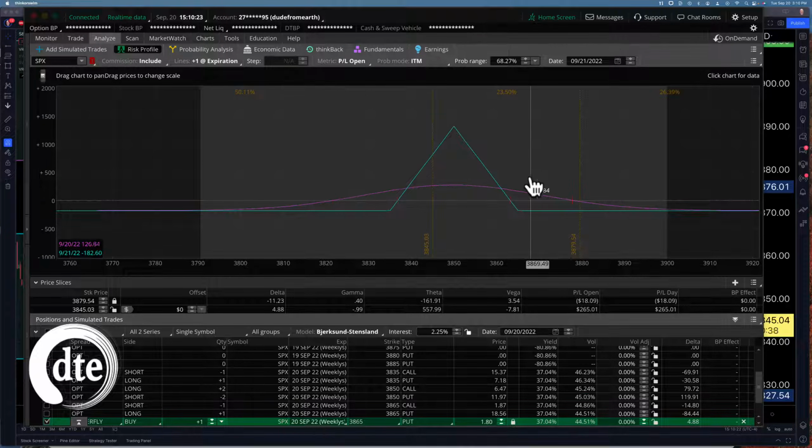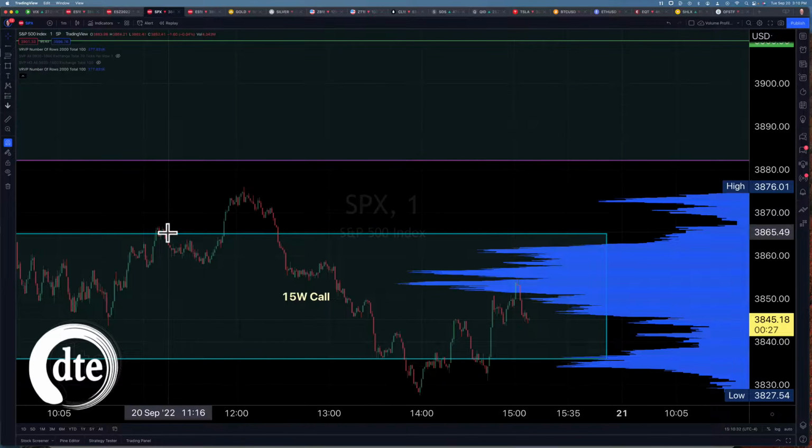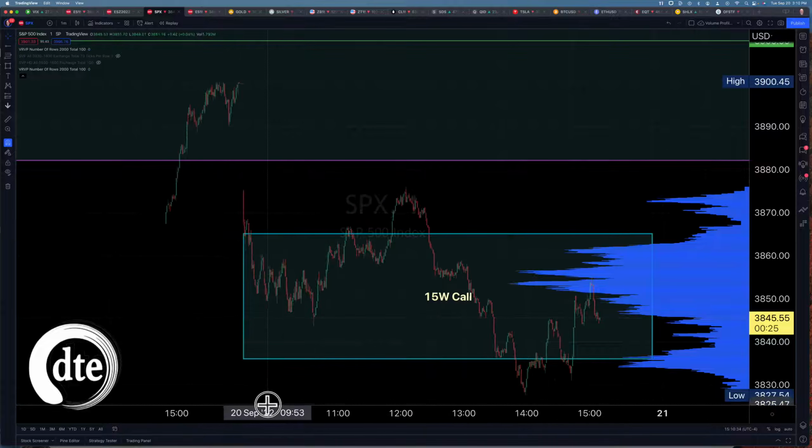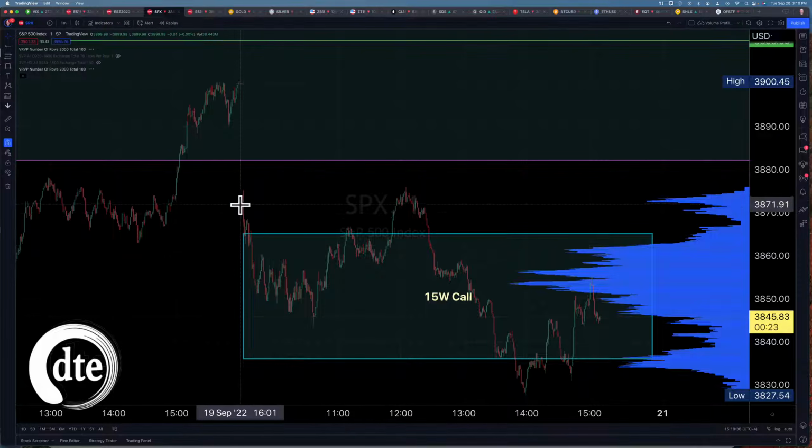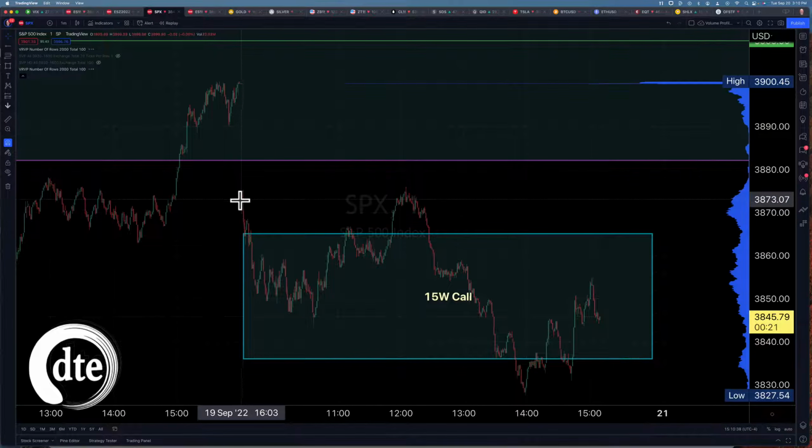When I put it on, it was sitting over here to the left, and that's because that's where price was. It was above this particular area. If we take a look at price, you can see I put the trade on when price was up around here somewhere, almost exactly right there.